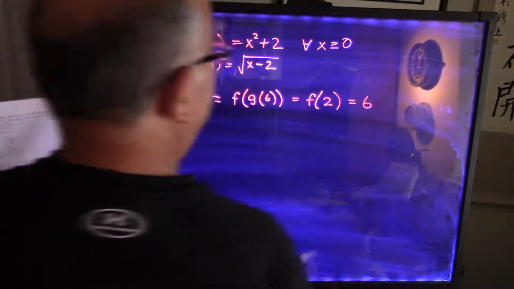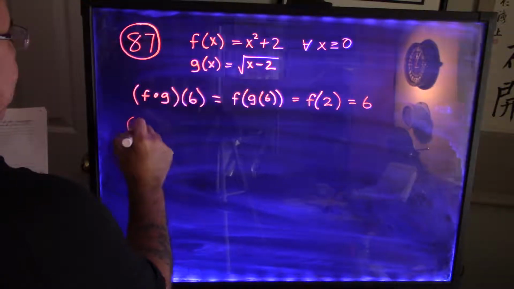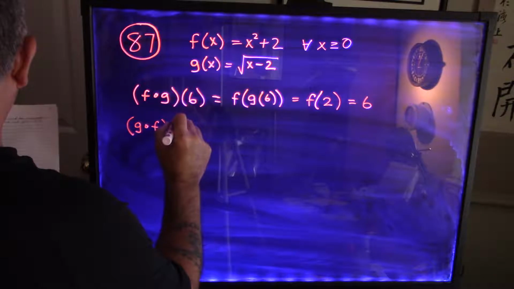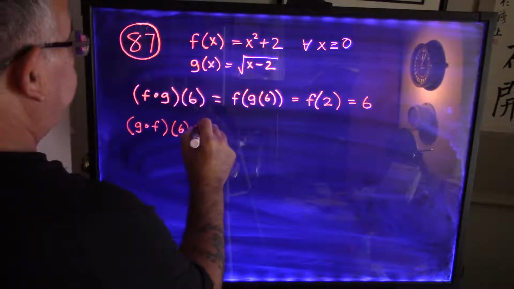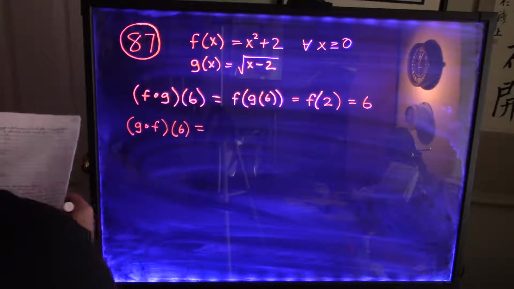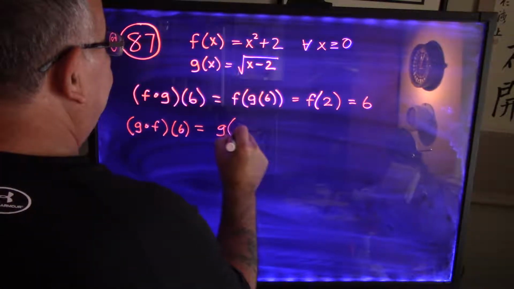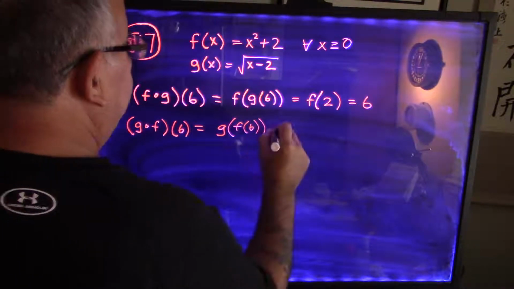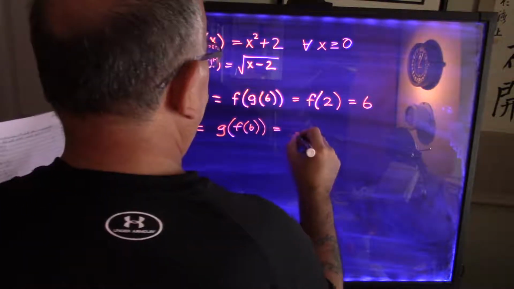So finally we get 6. And then we have G composed with F of the same thing, 6. That's equal to G of F of 6, and that's equal to, what's F of 6?